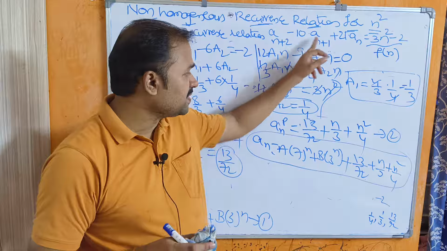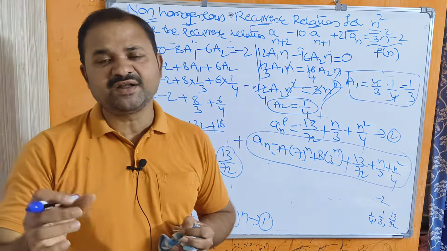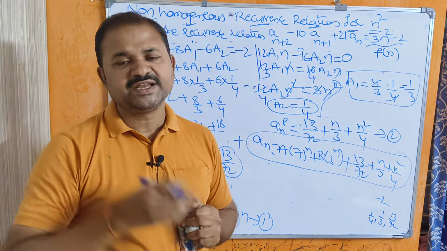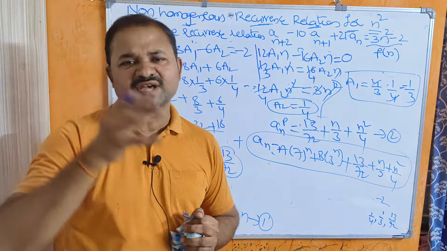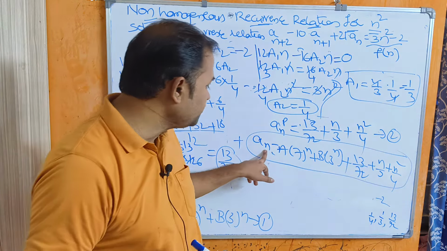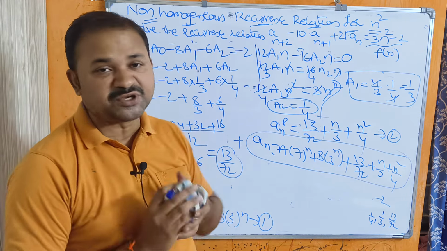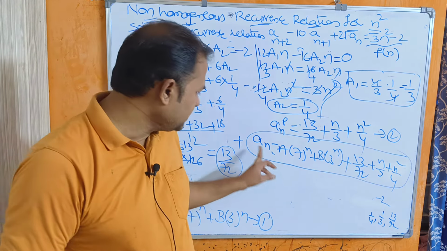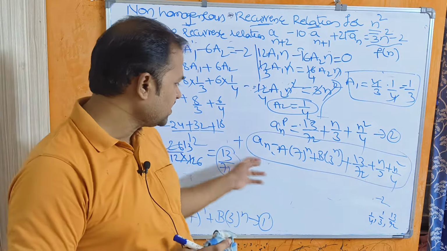In this example, A0 and A1 values are not given. If it is a second order recurrence relation, then A0 and A1 values may be given. If A0 and A1 values are given, then we need to substitute. If A0 is given, then in place of n we have to substitute 0. Then by substituting the A0 value, we will get some equation.